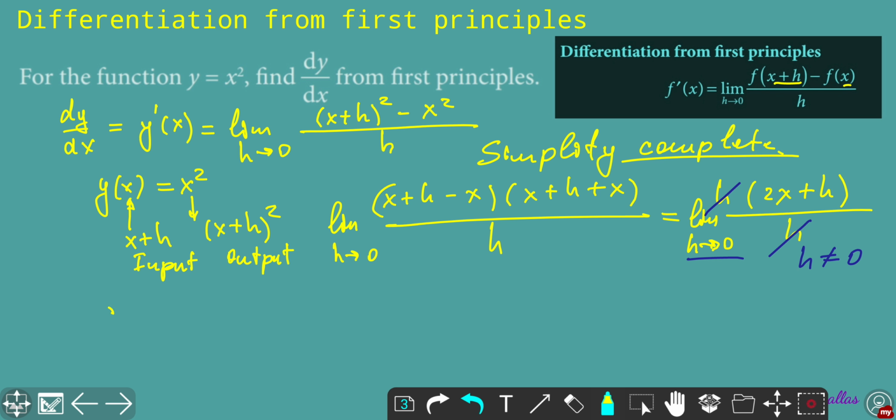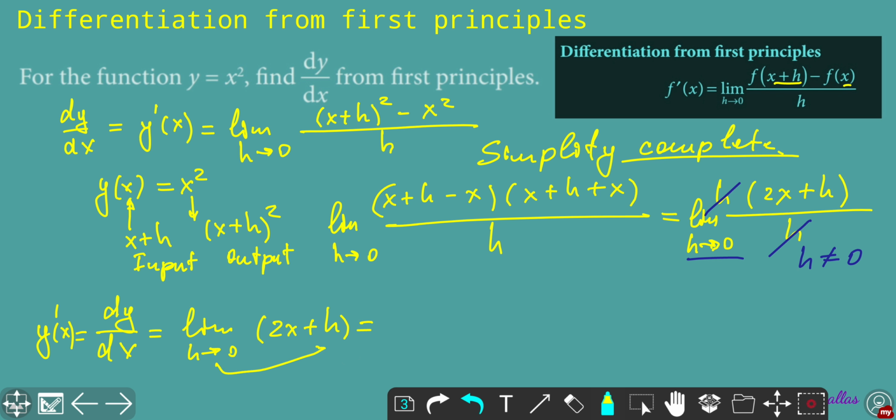So to find dy dx, which also means y prime or f prime, no matter which notation you use, you're left with the limit as h tends to 0 of 2x plus h. Now you're eligible to plug in h equals 0. This is a transition you need to understand. Eventually you plug in h equals 0 and get 2x plus 0, and finally that's 2x.